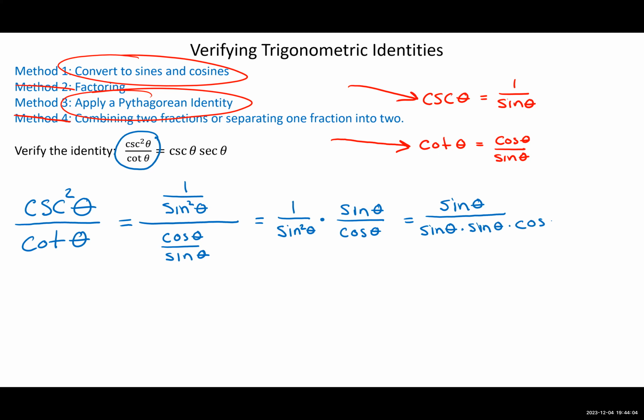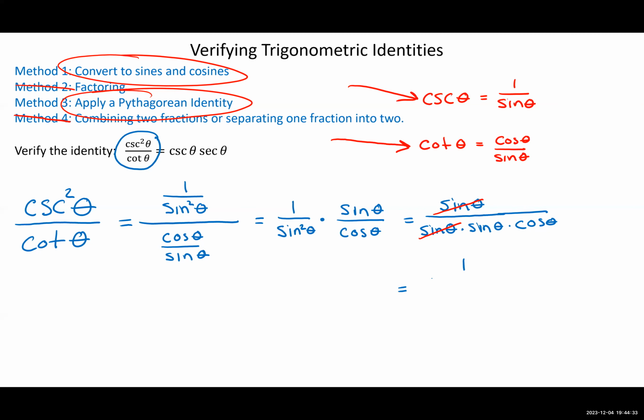Then there's a cosine theta. Top times top, 1 times sine theta. Bottom times bottom, sine squared times cosine. So that's sine times cosine. Cancel the common factor, top and bottom. There's a sine theta on top, a sine theta on the bottom.